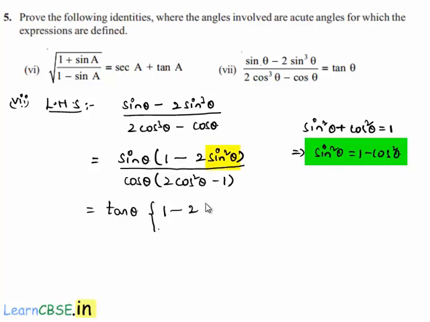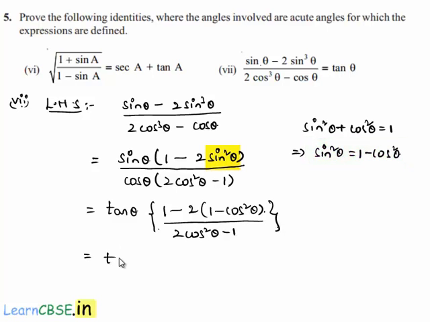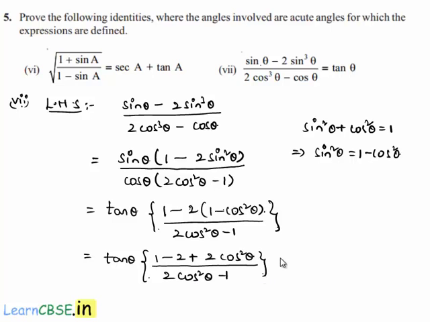Let us substitute here, then we get 2 times (1 minus cos square theta) divided by 2 cos square theta minus 1, which is equal to tan theta into (1 minus 2 times 1 is 2, and minus 2 times minus cos square theta is plus 2 cos square theta) divided by 2 cos square theta minus 1, which will be equal to tan theta times, here by rearranging the terms we get (2 cos square theta minus 1) by (2 cos square theta minus 1).